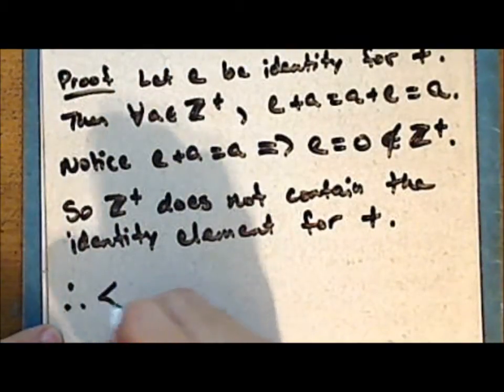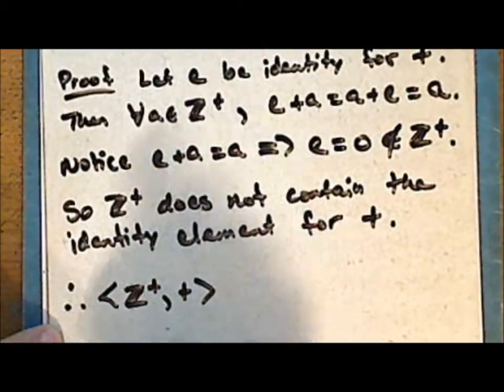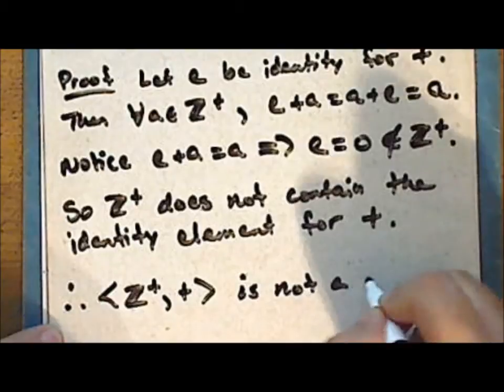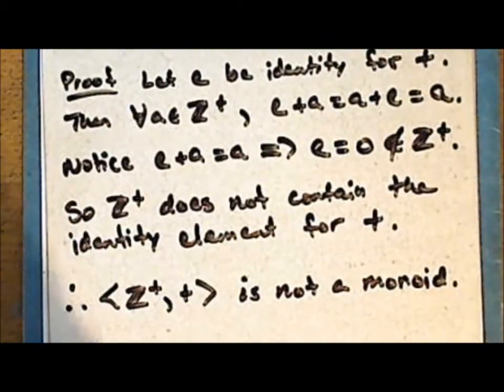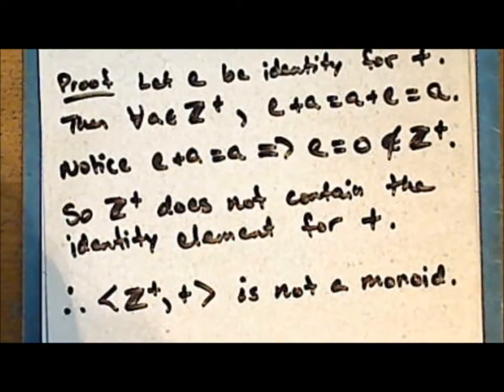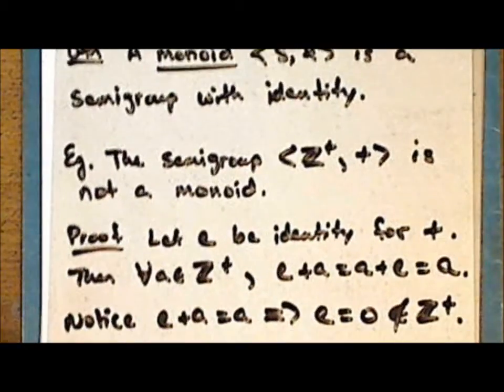And so the semigroup consisting of that set under addition is not a monoid. All right. So this structure fails to be a monoid because it does not contain the number 0. So we'll look at an example of a semigroup that is a monoid.